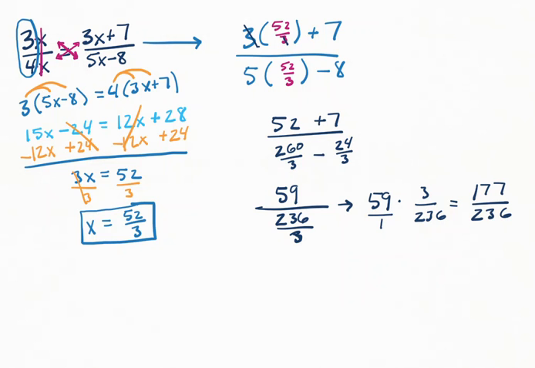Now, that looks exactly like 3/4, right? Well, not really. But let's see if we can reduce this down a little bit. So I have 177 over 236. And the question is, does that equal 3/4?